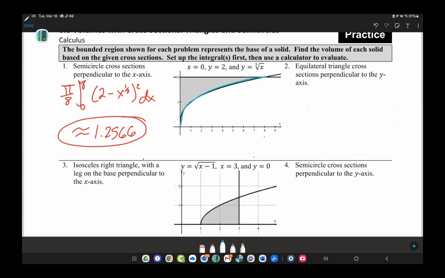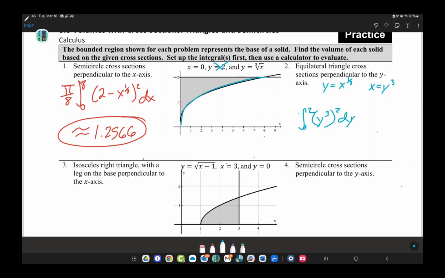So I'm going to integrate from 0 to 2, but I don't need to worry about this function anymore because the y-axis is now my lower function. I do need to change y equals x to the 1/3 into a function of y. So you cube both sides, x equals y cubed. So it is just y cubed squared dy.